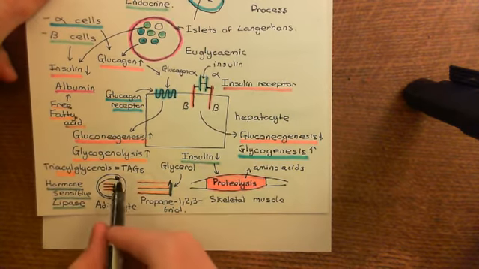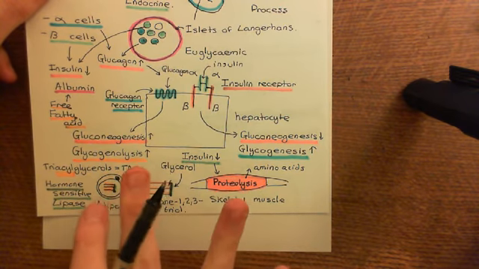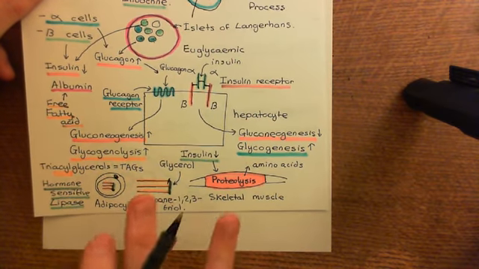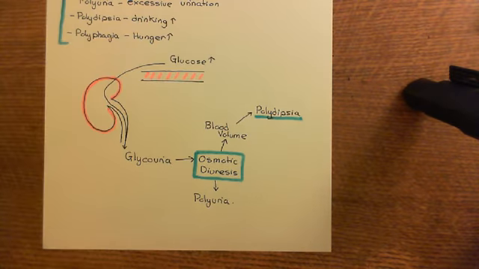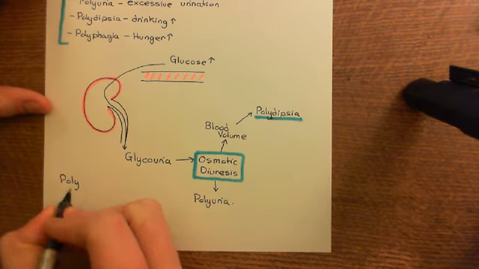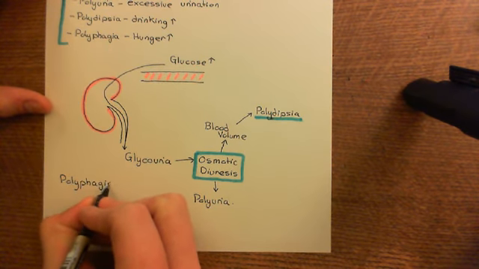Now, the lipolysis and the proteolysis of these two essential stores of energy is going to make you extremely hungry. So it's the breakdown of fat reserves and also skeletal muscle reserves that causes the polyphagia, the excessive hunger.